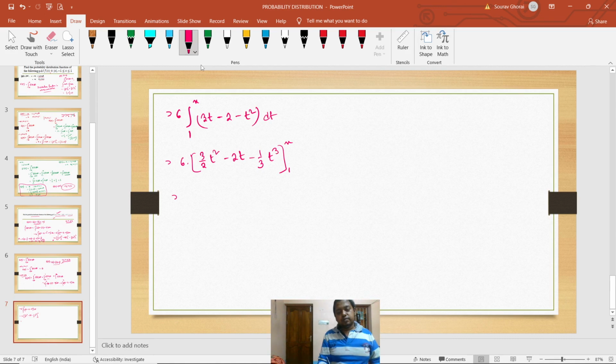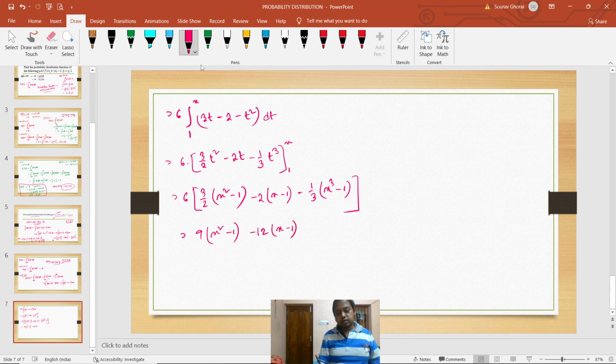That is, 6 into 3 by 2 x square minus 1, minus 2 into x minus 1, minus 1 by 3 x cube minus 1. If we simplify, we get 9 into x square minus 1, minus 12 into x minus 1, minus 2 into x cube minus 1.